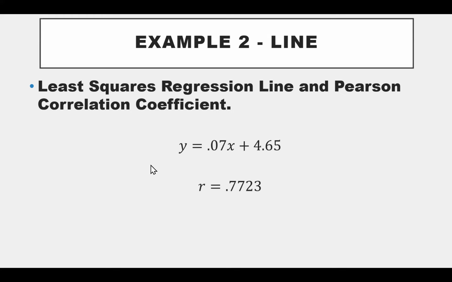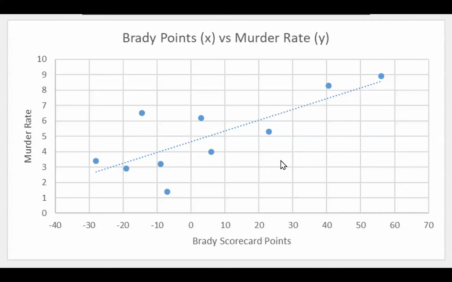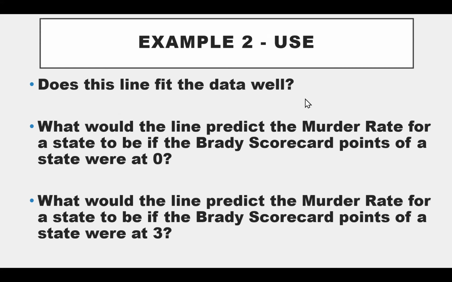And then we can use the line to do some predictions. By the way, what that line is, it's the line right here on the graph. If you actually graph that line, it looks like this. So does the line fit the data well?